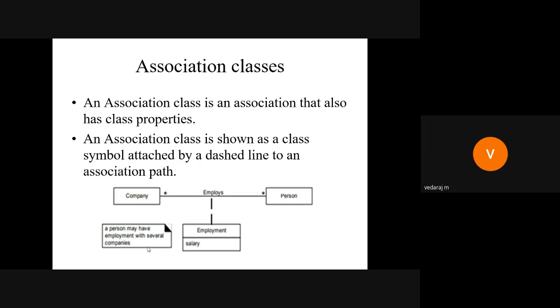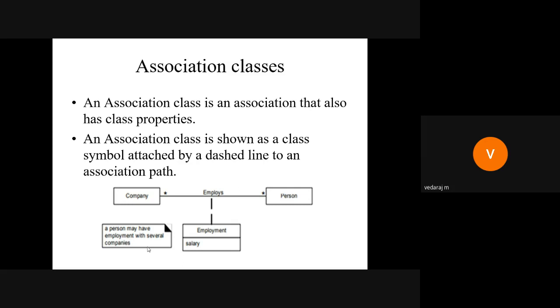How is the association class attached to the class notation? We are using a dashed line for connecting the association and the association class. Here the employee relationship is the association, and employment is the association class. The association class describes the employee association.